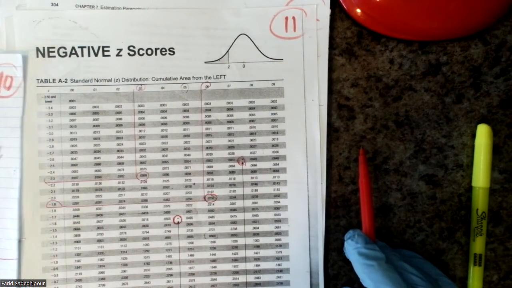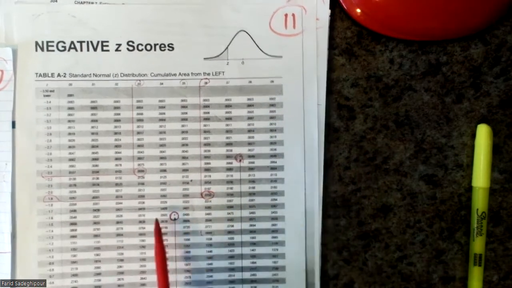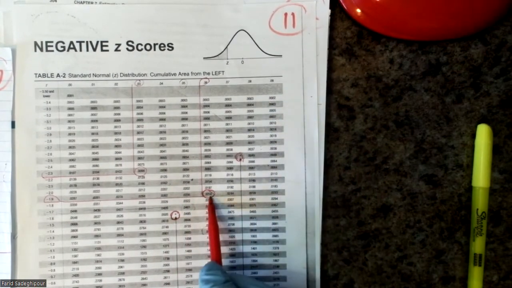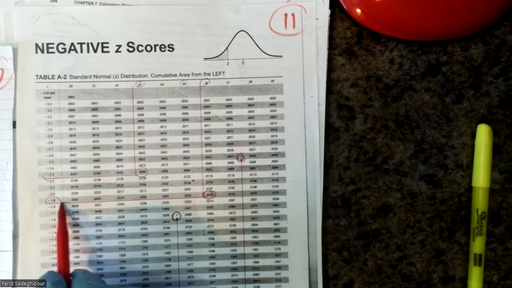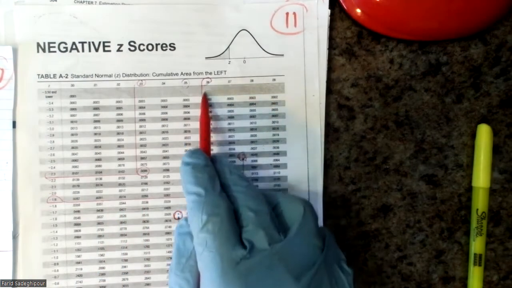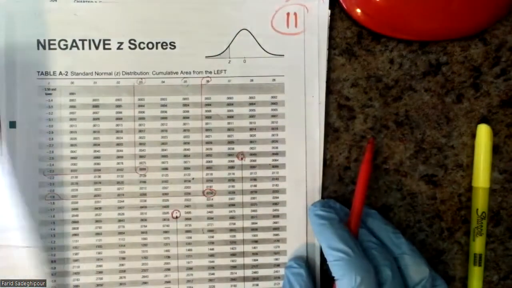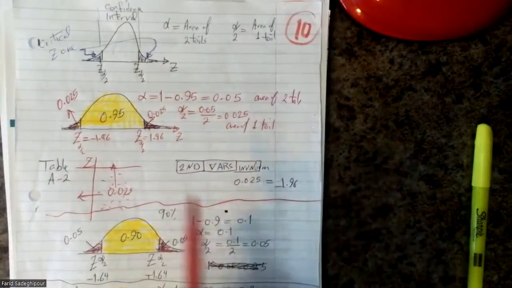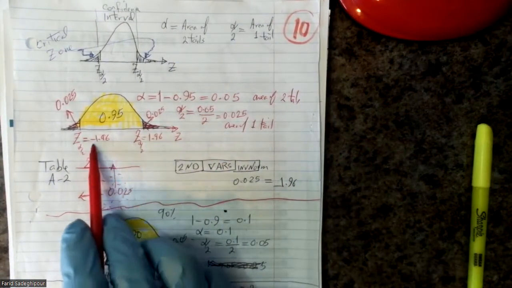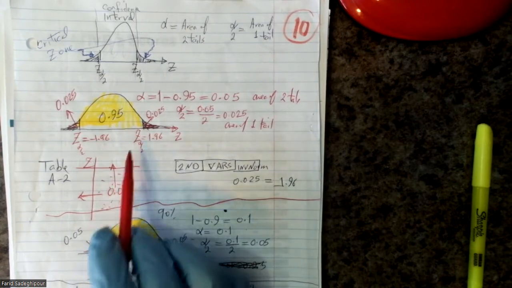That area is for here. When you find the area, then z is minus 1.96. That's how you find the z value.